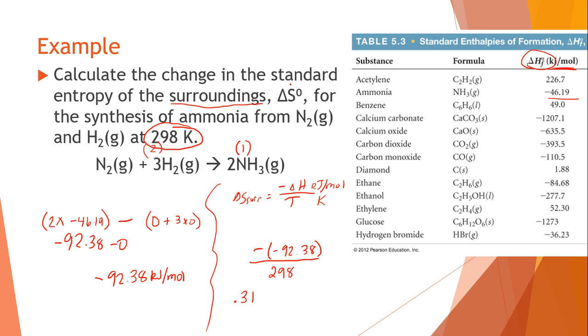Entropy, which is your delta S, as we learned last video, is always going to be in the units joules per mole Kelvin. So in order to change kilojoules into joules, we need to times this number by 1,000. When you times that number by 1,000, you get 310 joules per mole Kelvin as your answer.